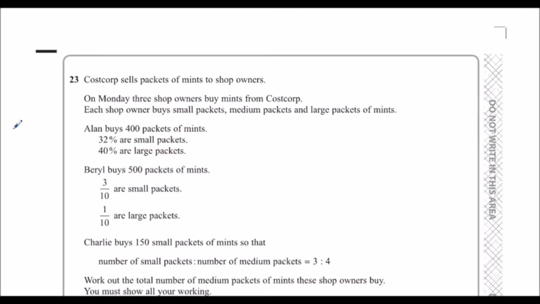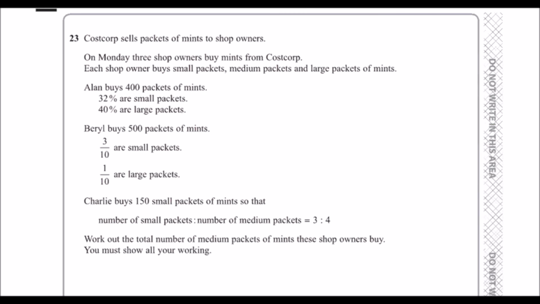Question 23. Costcorp sells packets of mints to shop owners. On Monday, 3 shop owners buy mints from Costcorp. Each shop owner buys small packets, medium packets, and large packets. Alan buys 400 packets of mints. 32% are small packets.